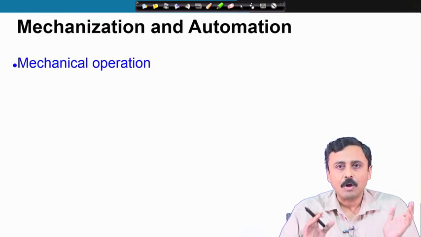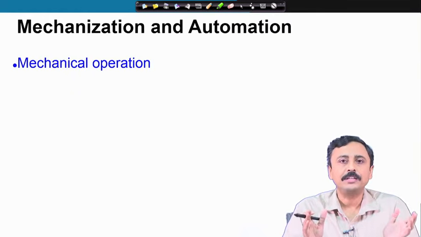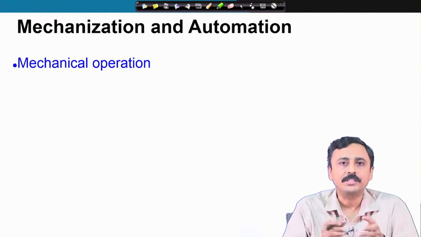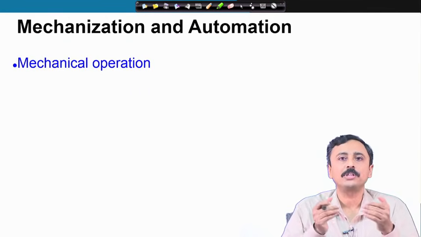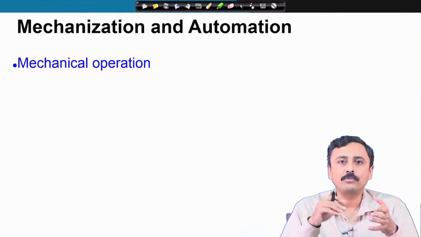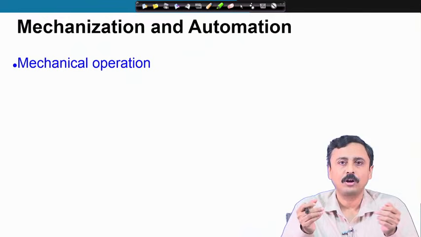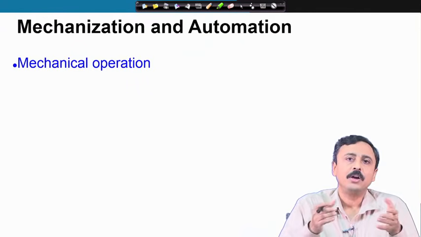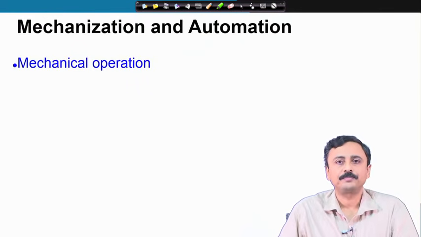So, this operation has to be studied. This mechanical operation will require the understanding of motion or displacement of, let us say, the end effector or the output of a mechanism.